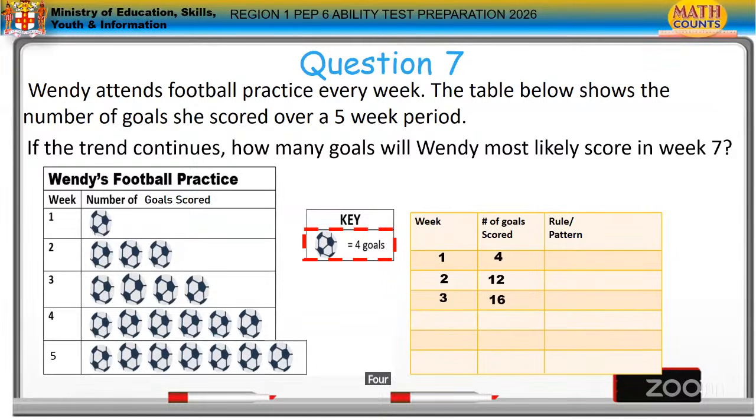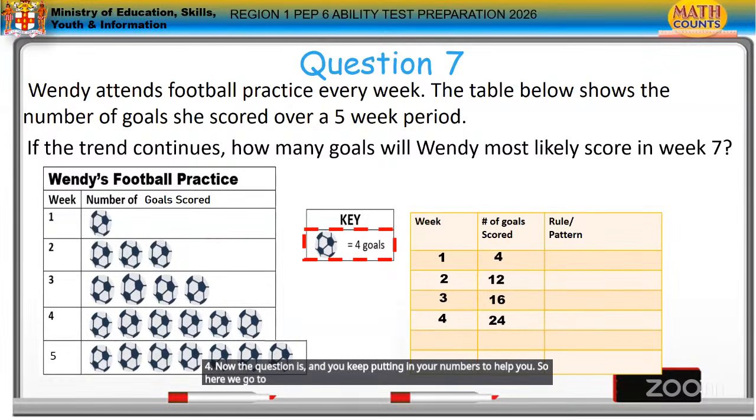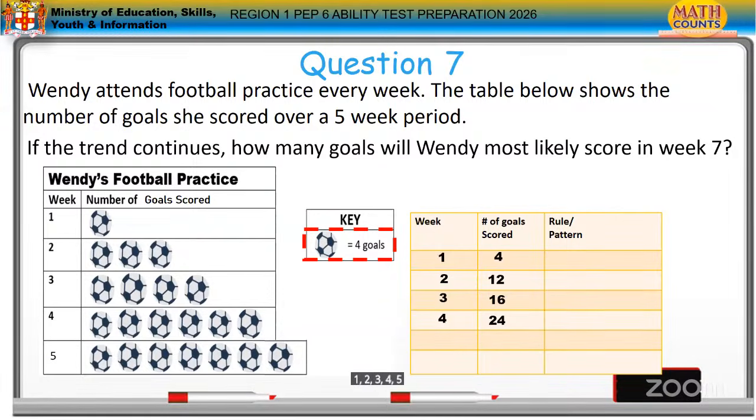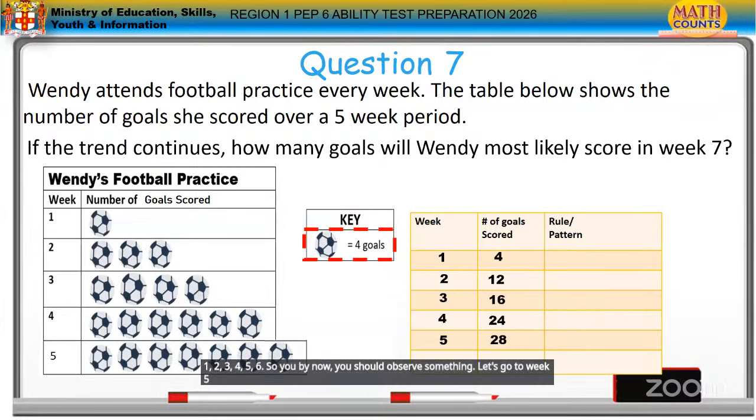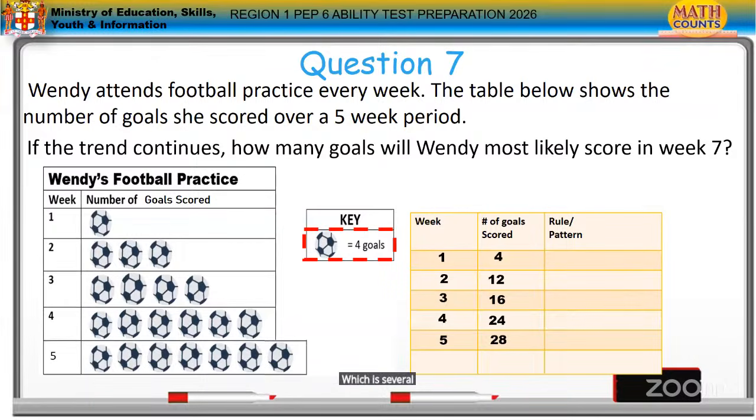Now you keep putting in your numbers to help you. So here we go to week 4 because that's given. And we're now seeing 1, 2, 3, 4, 5, 6. So by now you should observe something. Let's go to week 5. And we are seeing that there are 1, 2, 3, 4, 5, 6, 7 balls, which is 7 times the 4, giving us 28 goals.